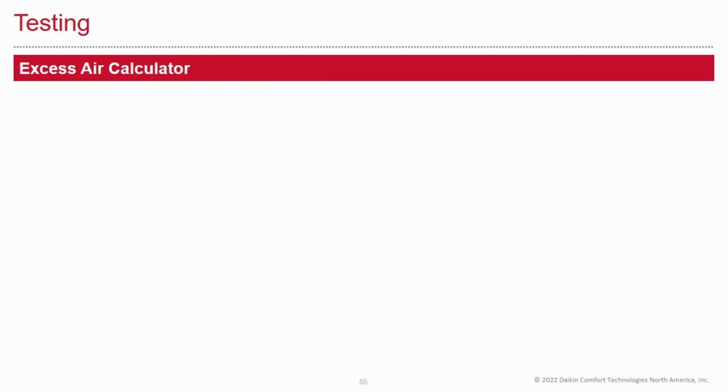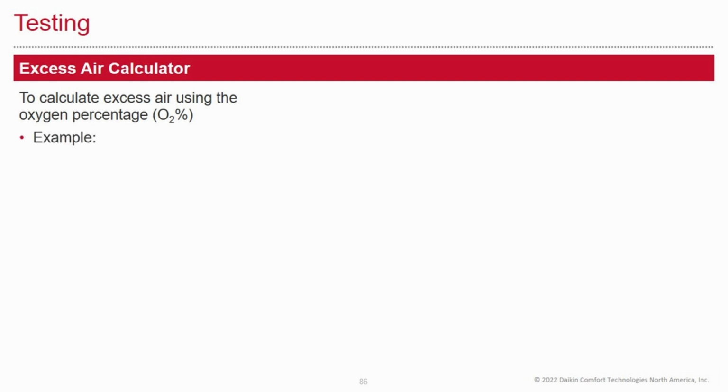Excess air calculator. Let's look at how to calculate excess air using the oxygen percentage. In this example, the measured oxygen level in the flue gas, determined by use of a combustion analyzer, is 6%.